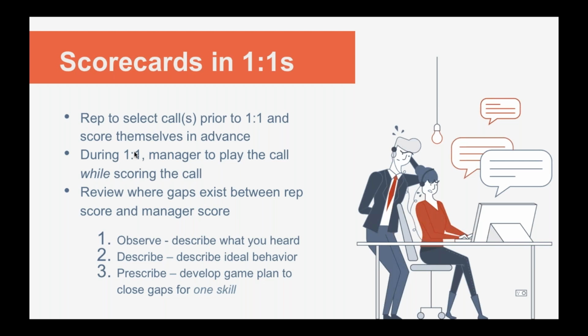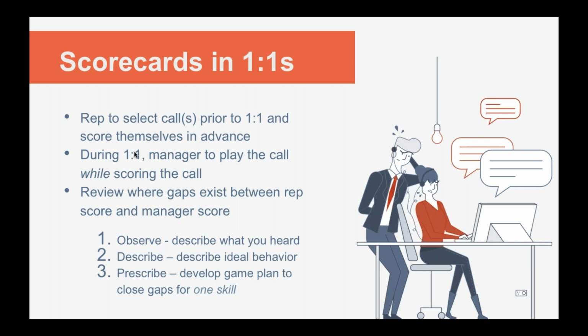You can really begin to see where those gaps exist between how the rep graded themselves versus how the manager graded. One beautiful workflow that I always like to reference when I meet with my customers pulls on a learning that we got from Jim Keenan from A Sales Guy. He has a 3-point system. First, you observe what was said on the call. Simply describe what you heard and go through each of the questions on your scorecard and describe how the rep actually performed.